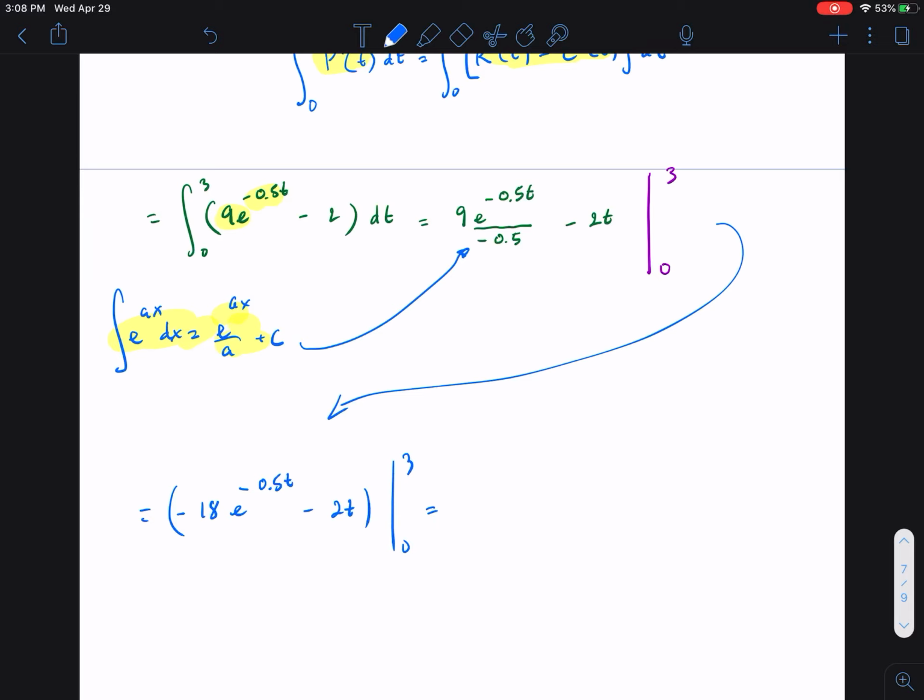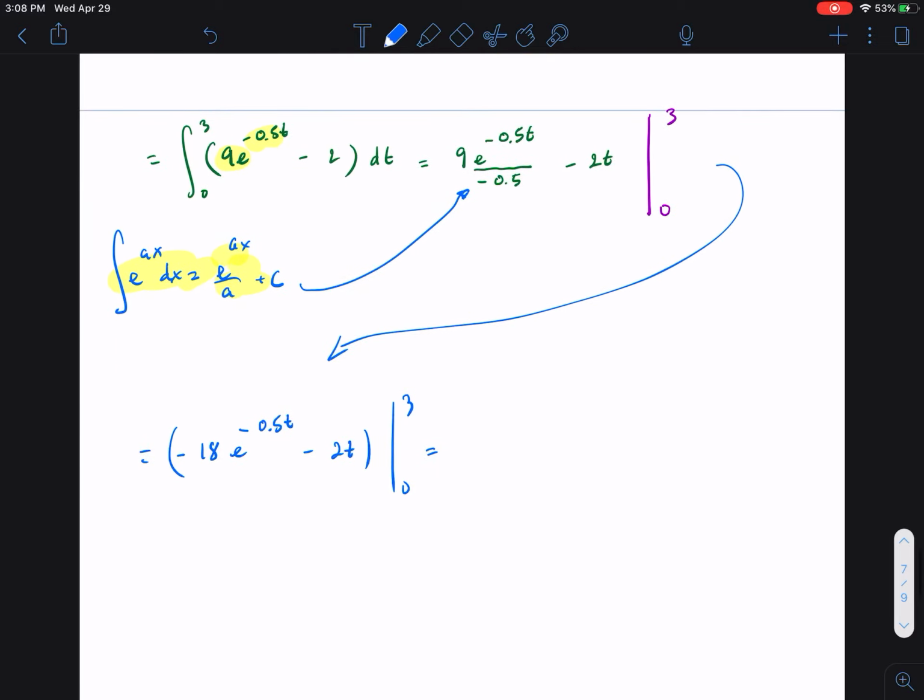All right. So we're going to have negative 18 e to the negative 0.5 times 3 minus 2 times 3, close bracket, minus negative 18 e to the negative 0.5 times 0 minus 2 times 0.